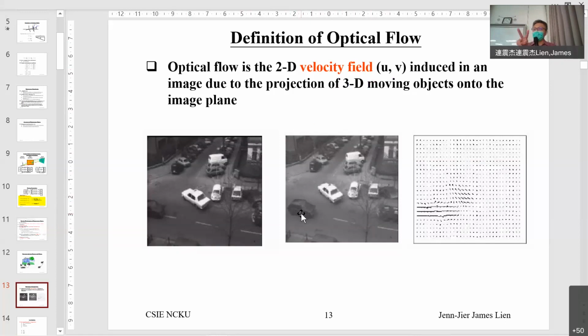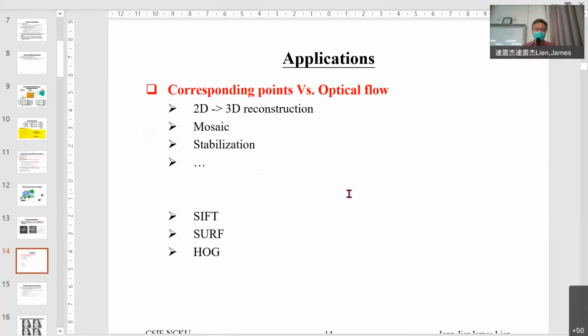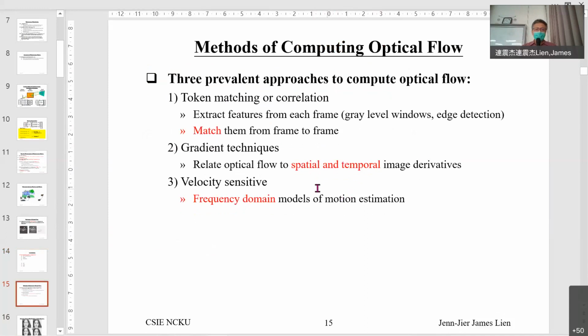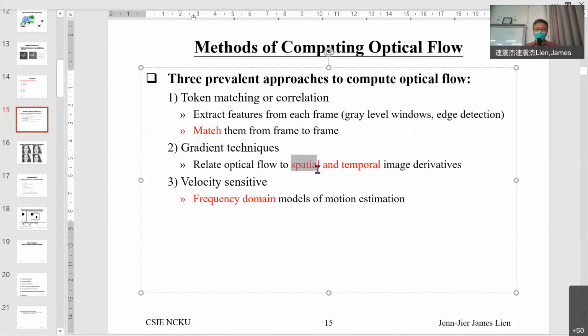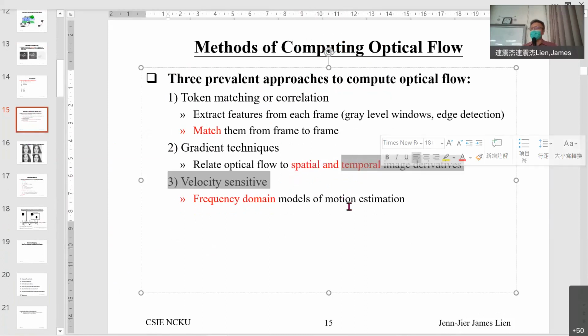Because the 2 frames are at time t and t plus delta t, so this displacement divided by delta t is the velocity. So optical flow is a kind of velocity. 这很重要，optical flow 是一个速度量，不是一个位移量，因为它有时间轴。So up here on page 15, optical flow relates to the spatial domain and temporal domain. 空间跟时间的关系。Spatial and temporal, I will explain this one.